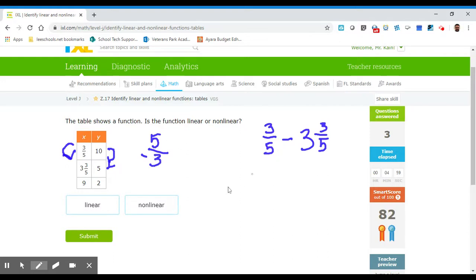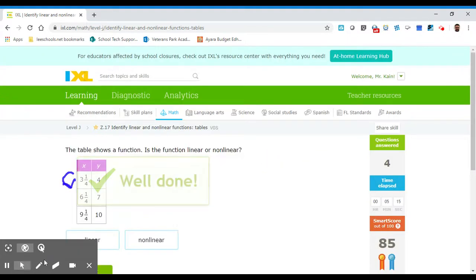Okay. So negative 5/3. But down here, 5 minus 2 is 3. So the top of our fraction is 3. Without doing any more math, we don't need to do any more math because we know that these are nonlinear. So sometimes you could save yourself a step. So I recommend kind of picking the easiest one to do first if you can.